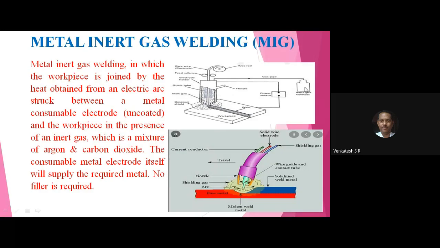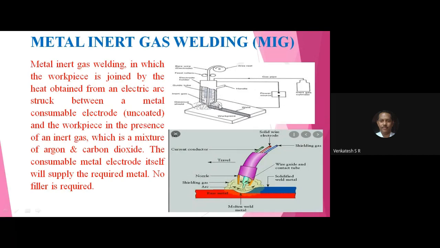This is the gas supply and this is the nozzle and this is the electrode which is consumable, which is consumed in the welding process, and the arc is struck between the electrode and the joint workpiece, and the complete joint place is covered with the inert gas, and the filler rod melts and fills the gap and the joint is ready.